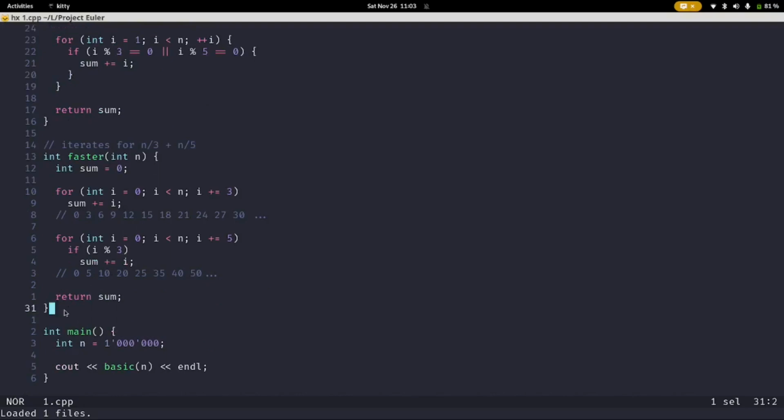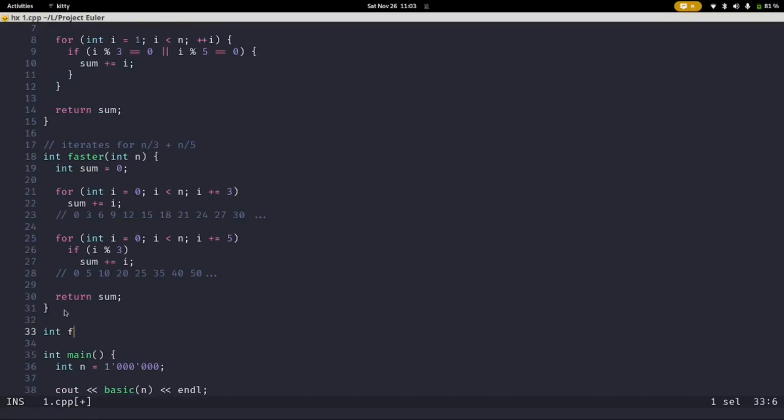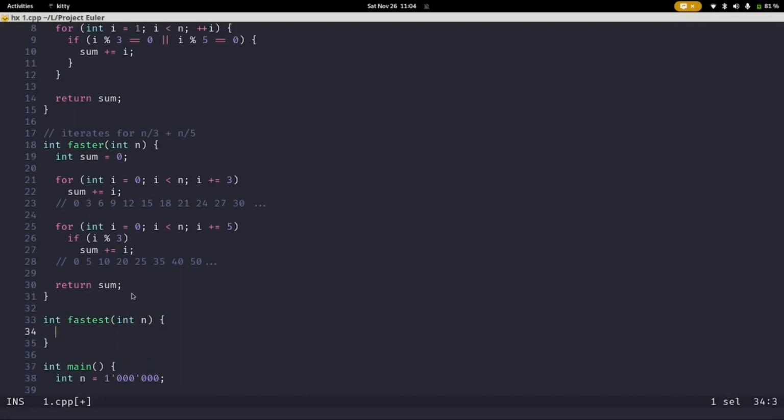The fastest approach comes from understanding the math behind these series and their sums. This series is an arithmetic progression. An arithmetic progression has a form like this: the first number is a, the second number is a plus d, the third number is a plus 2d, the fourth number is a plus 3d, and it keeps on going like that.